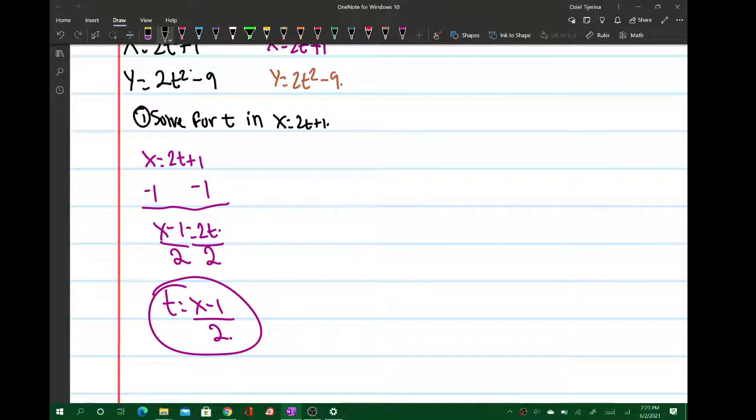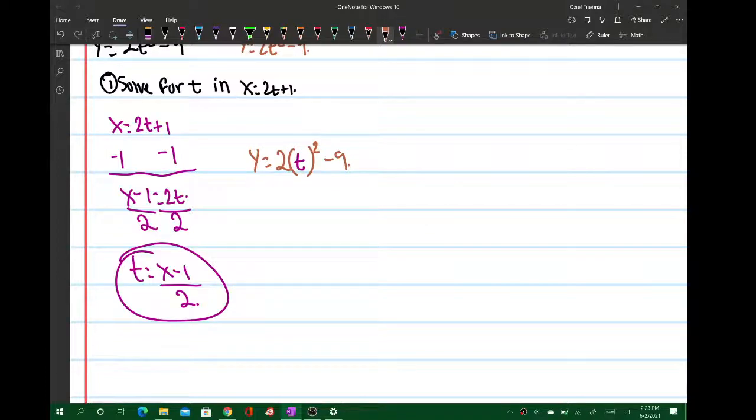So I can say that y equals 2 times the quantity t squared minus 9, and this is what t equals, right? So y equals 2 times the quantity x minus 1 over 2, quantity squared, minus 9.